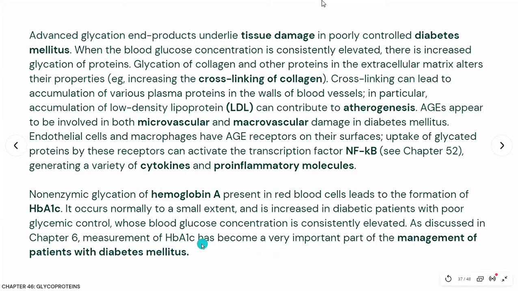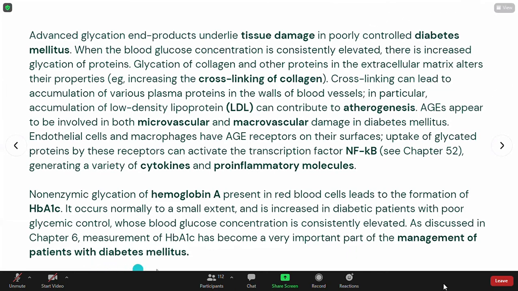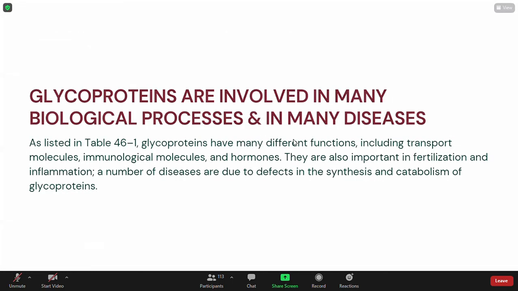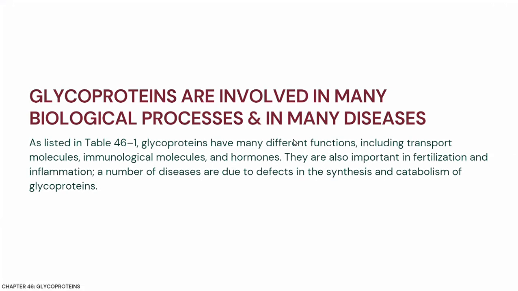So the measurement of hemoglobin A1C is used for management of patients with diabetes mellitus. Glycoproteins are also involved in many biological processes and many diseases, as listed in your table 46-1, where you have the different functions.